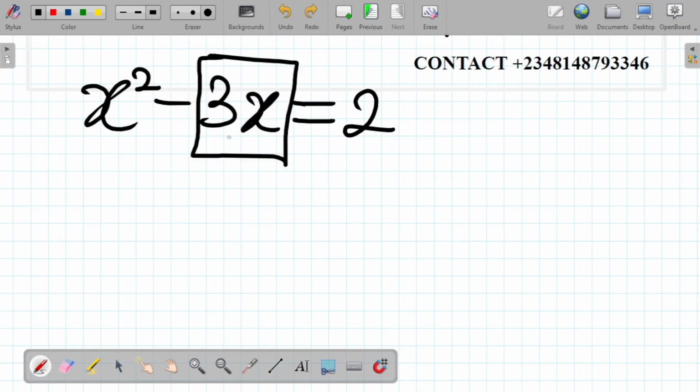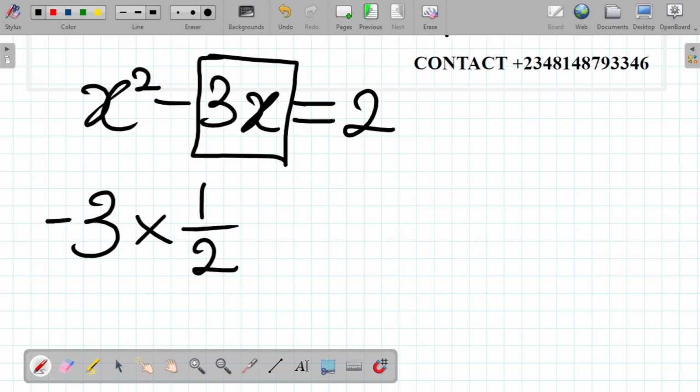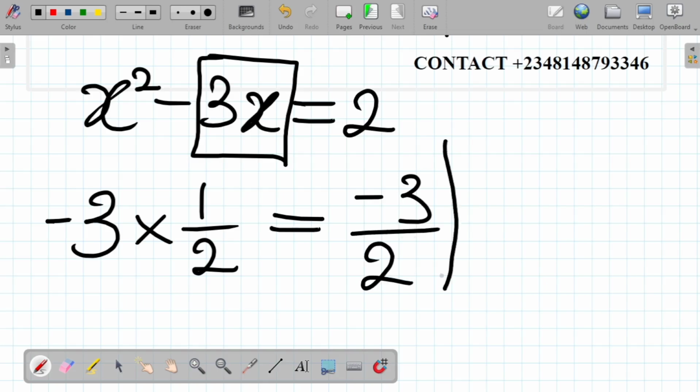The coefficient of x is negative 3. So if we multiply negative 3 by half, it will give us negative 3 all over 2. And then we square the answer, all raised to power 2.